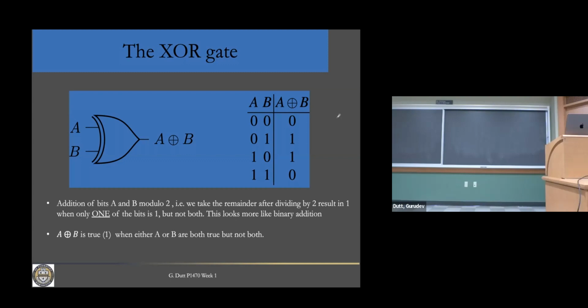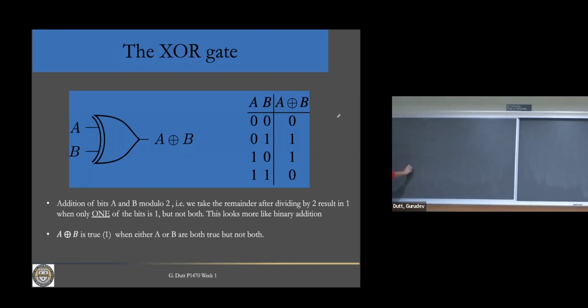0 plus 0 is obviously 0. Then 1 plus 1 is of course 2, modulo 2, and that gives me a remainder of 0. So in this truth table, that's why 0, 0 with the XOR gate, which is given the notation A plus B with this circle.